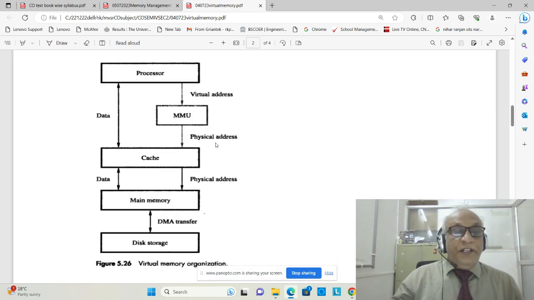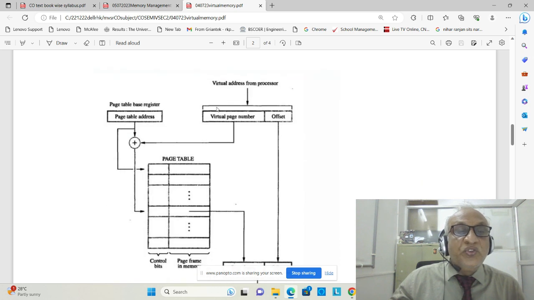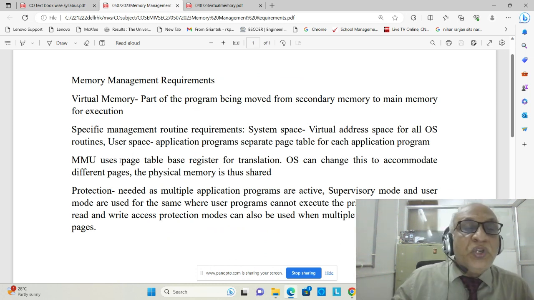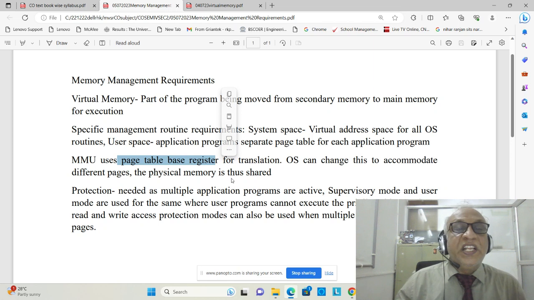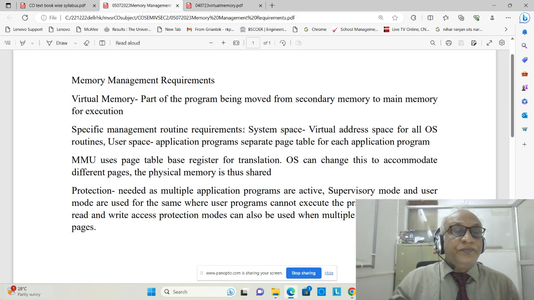Yeah, this was the diagram we were referring to understand virtual memory, and we had said that MMU, the memory management unit, is the unit which will be translating the virtual address to physical address. This entire journey we remember. So it is the same MMU we are referring to. And we know that MMU is using the page tables. MMU is using a specific register called the page table base register for translation. This is the page table base register. This will be used for translation.